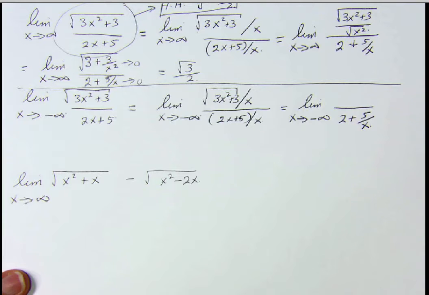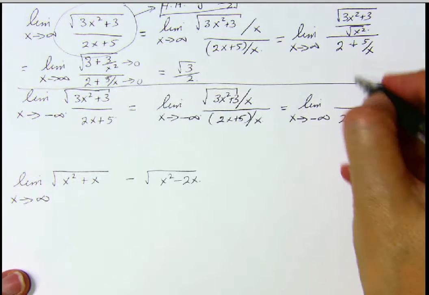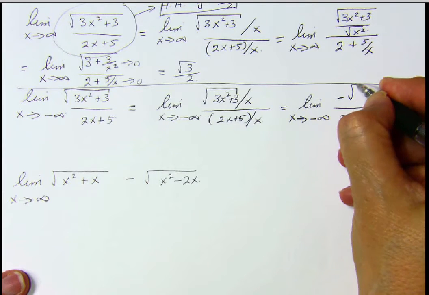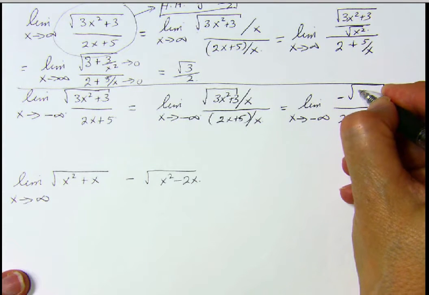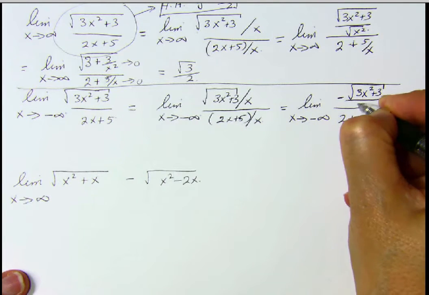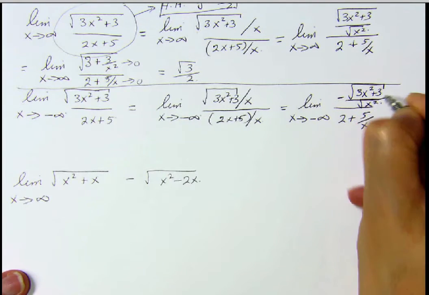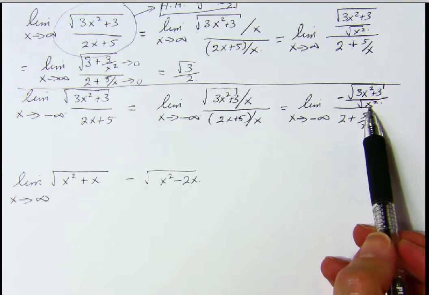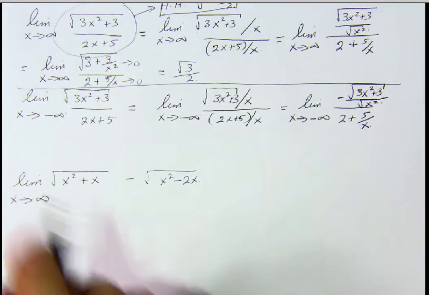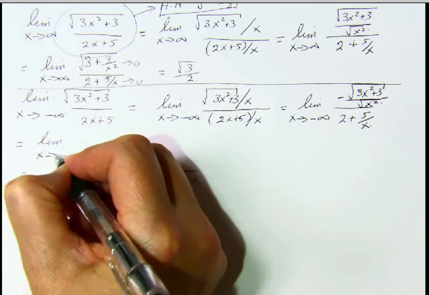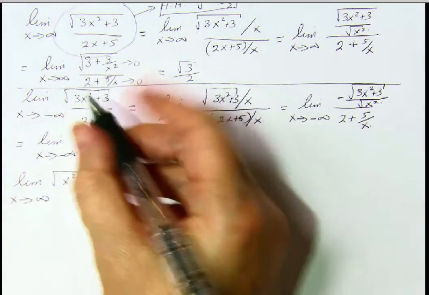And now in this case, x is negative, so x is equal to minus the square root of x squared. So this x here gets replaced by minus the square root of x squared in this expression. And this is equal to the limit as x approaches negative infinity.